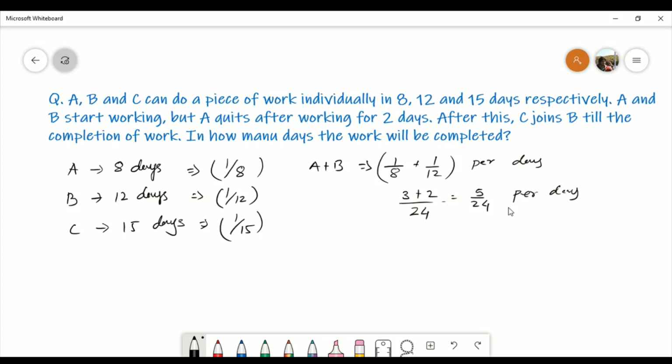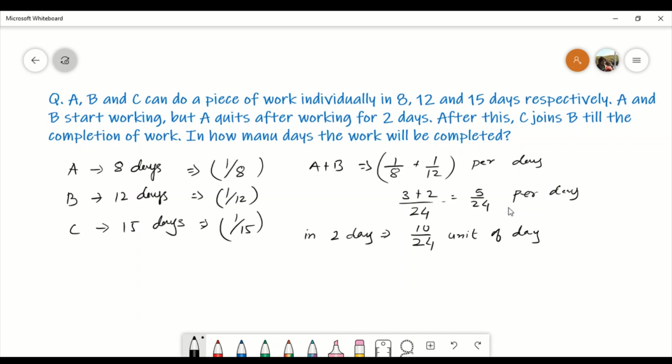Now they work together for 2 days. So in 2 days they did 10 upon 24 unit of work, right? Because 5 upon 24 was per day work, so 10 upon 24.